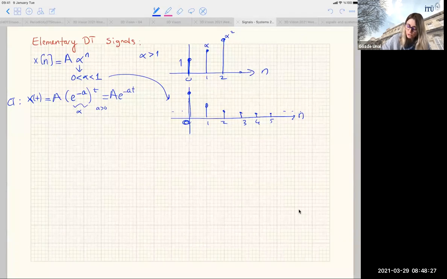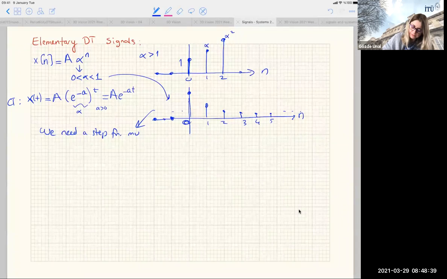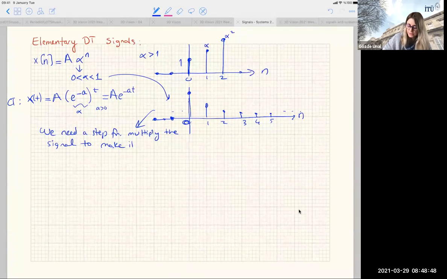To make it 0 on this side, we need a step function multiplying the signal, to make it 0 on the negative side.